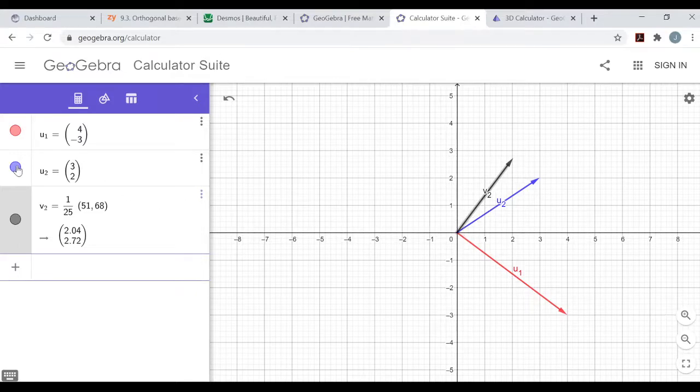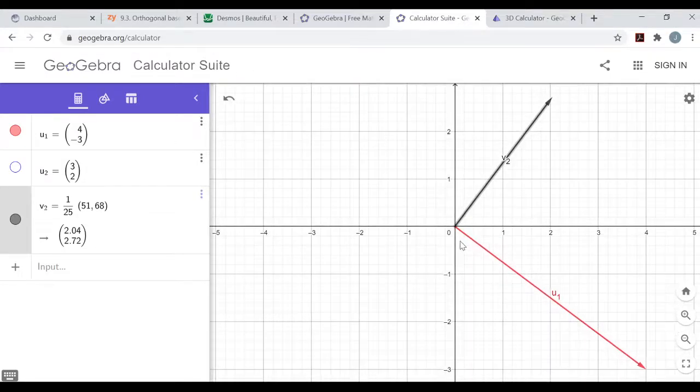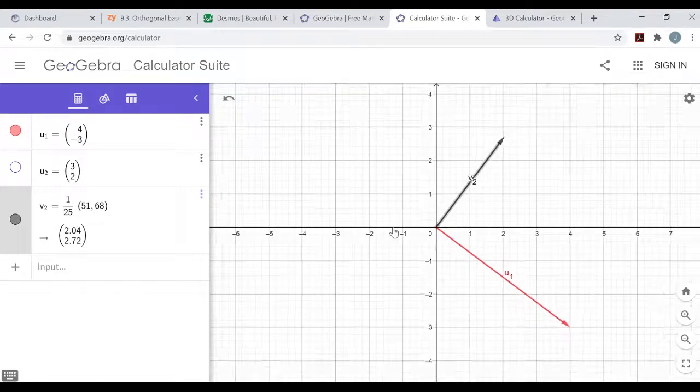And let me get rid of U2 now. See the orthogonality here? Remember, we're talking dot products, so orthogonal is perpendicular, forming a 90-degree angle. See if I zoom in, maybe you can tell a little more easily. But see V2 and V1, it says U1, but it's now V1. These form a 90-degree angle. They form an orthogonal basis for R2.